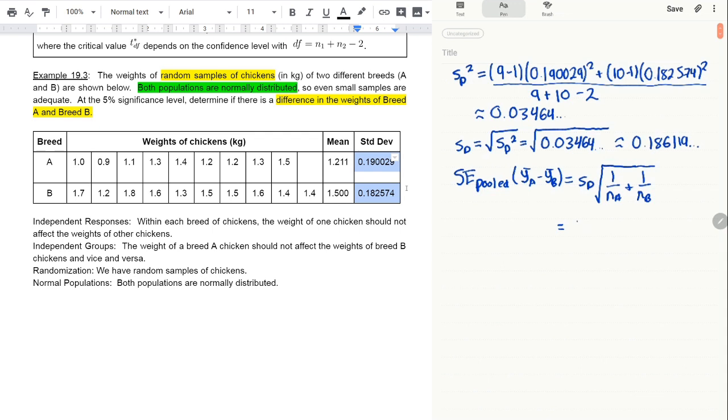So we have our pooled standard deviation, which was 0.186119. We multiply this by the square root of 1 over 9 plus 1 over 10, and the standard error is going to be 0.085515.